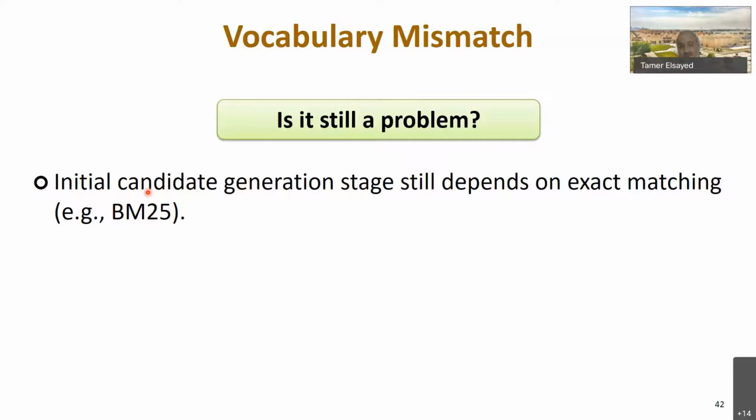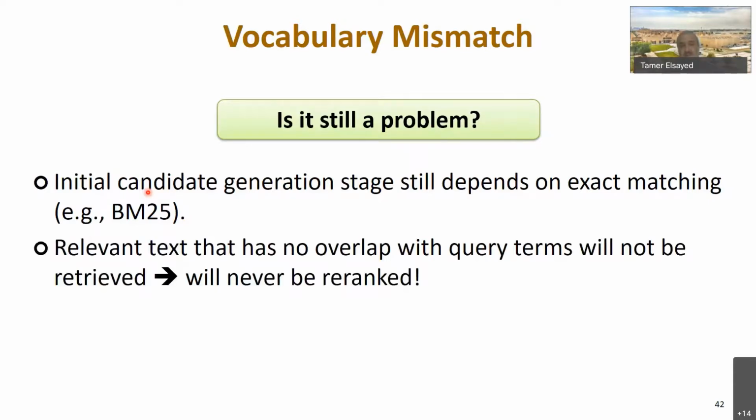So we still have the problem. If the query terms didn't appear in the document, then the document will not appear in the BM25 ranked list, and thus BERT will not see it in the first place. So relevant text that has no overlap with query terms will not be retrieved and will never be re-ranked, of course.